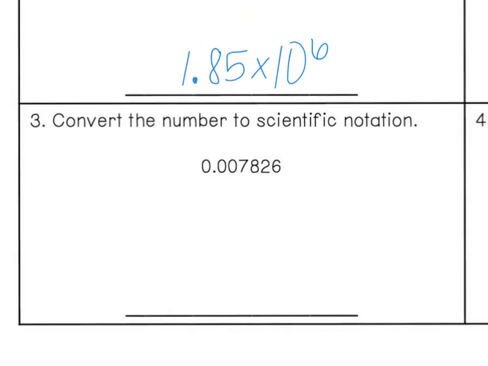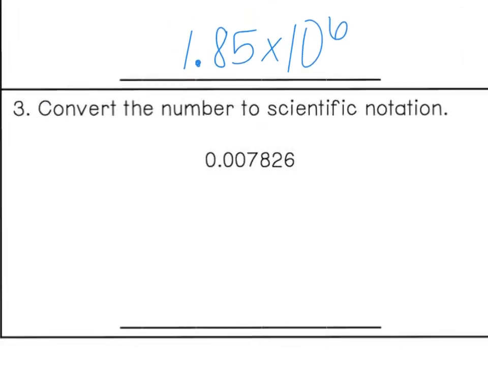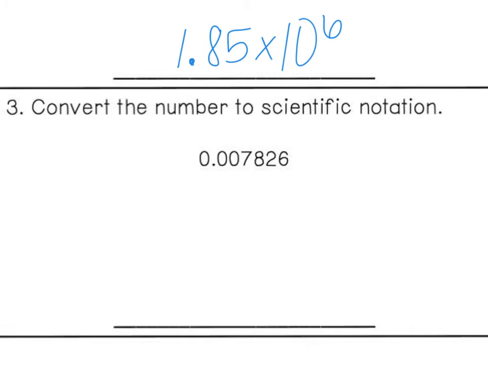Now, we're working with a number that is smaller than 1, so I know my exponent is going to be negative. This time, my decimal starts over here, and I'm going to move to the right. 1, 2, 3 spaces. If I put my decimal here, this whole thing falls between 1 and 10. 7.826.